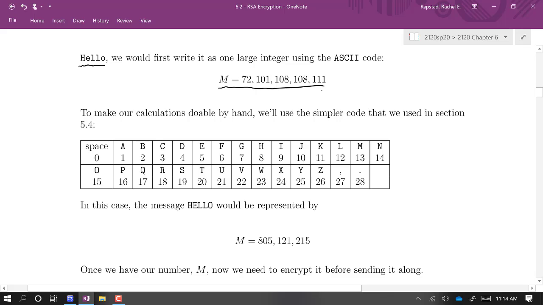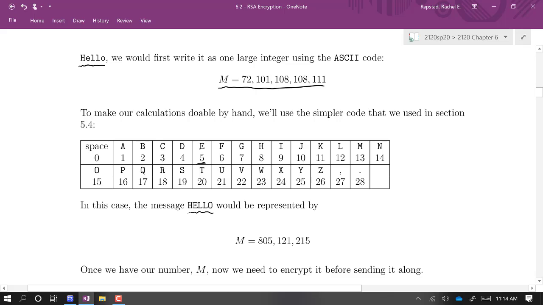Now, we're going to be doing stuff by hand, just to see how this process works. To make that process simpler, we're going to use the simpler code that we used in section 5.4, from 0 to 28. In this case, the message HELLO, all capital letters, would be represented with 8, 05 for E, 12, 12, and 15 for O. We're using 2 digits for each letter.